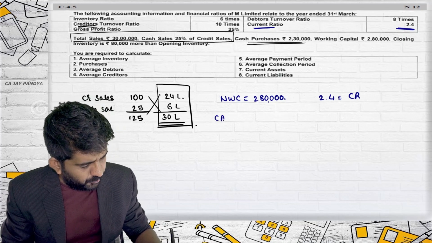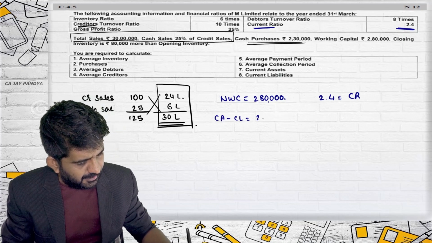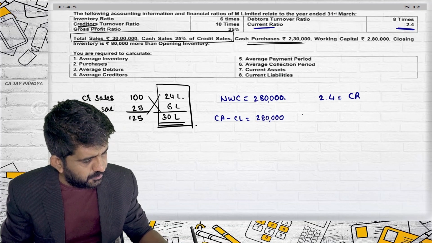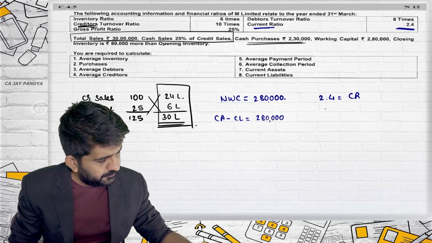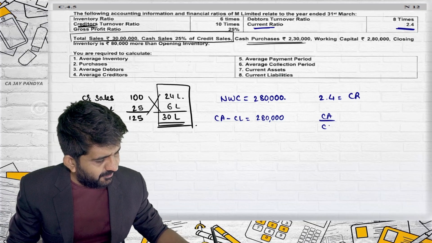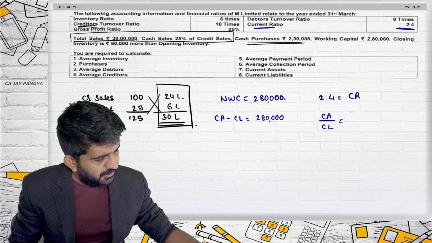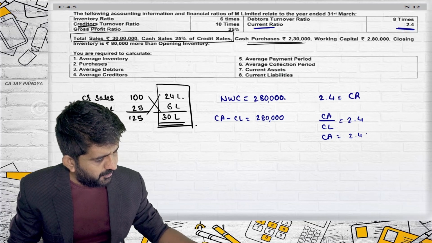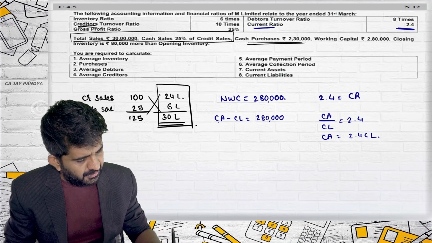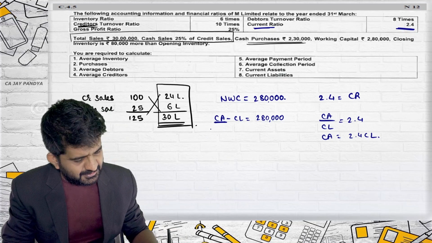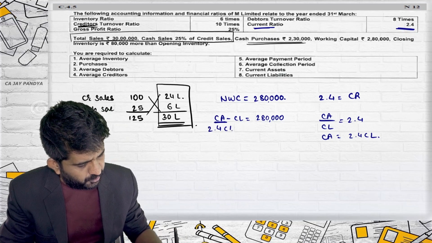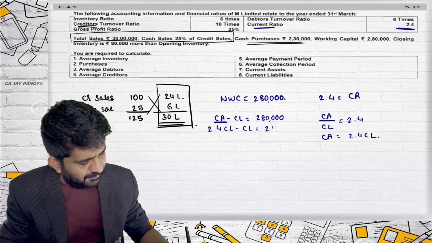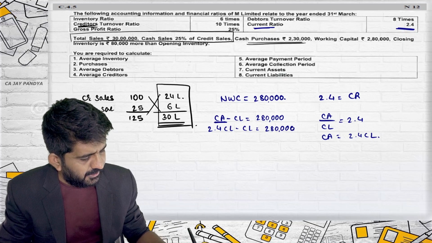Current asset minus current liability is 2,80,000. Current asset divided by current liability is 2.4, so current asset is 2.4 current liability. Instead of current assets, I write 2.4 current liability minus current liability is equal to 2,80,000.